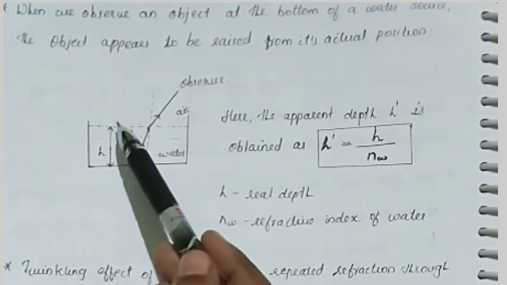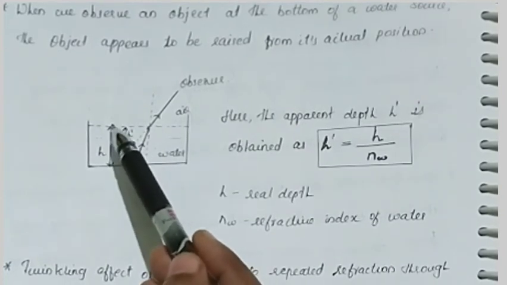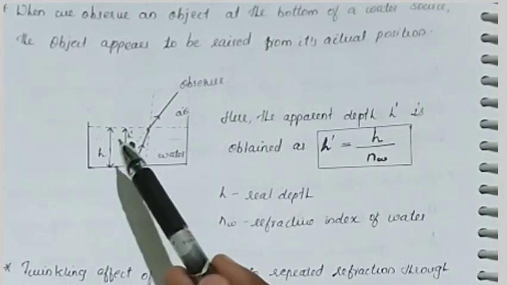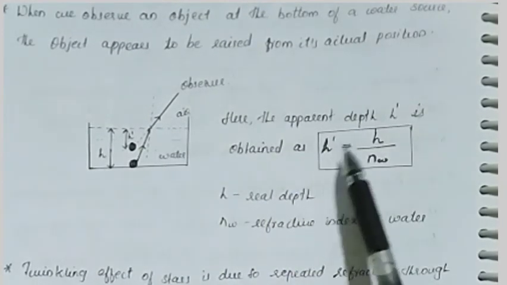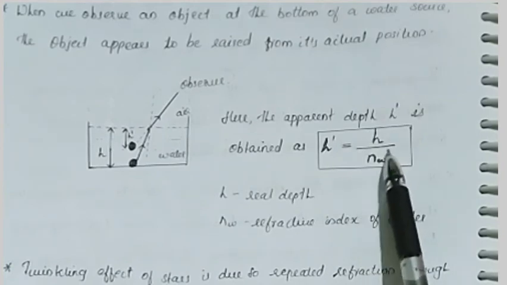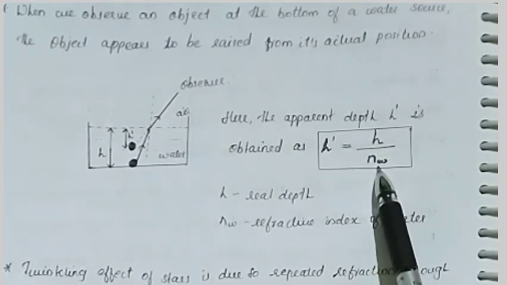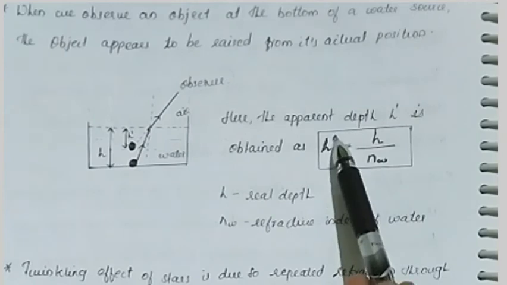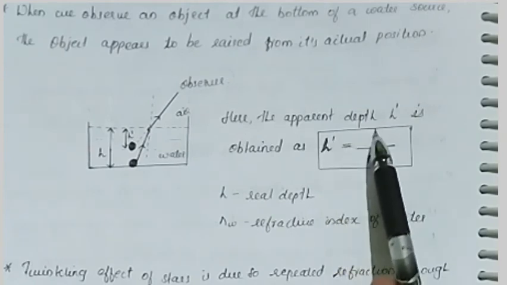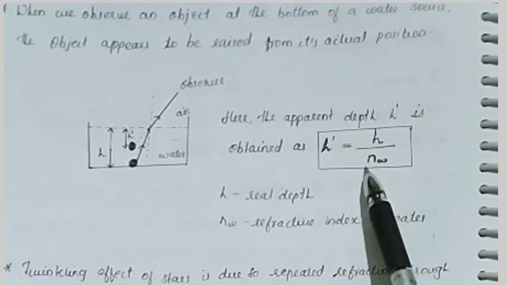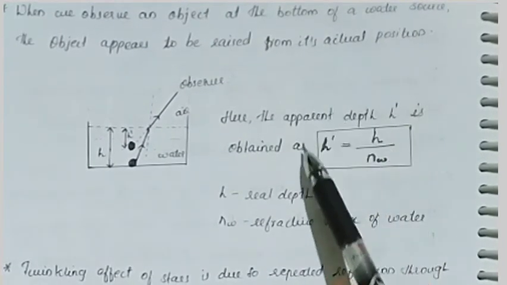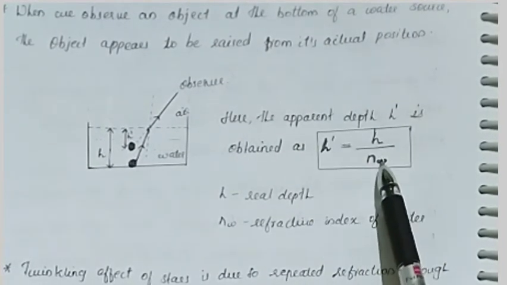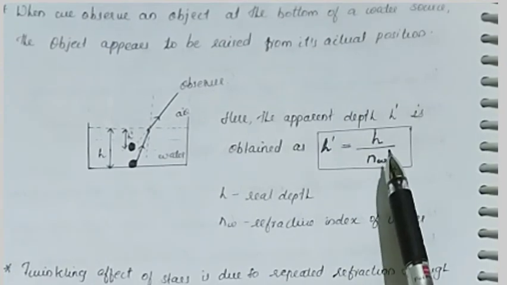The relation is: apparent depth is actual depth divided by the refractive index of water. So, H prime, the apparent depth, is equal to H, the actual depth, divided by the refractive index of water. This is another important observation due to refraction.